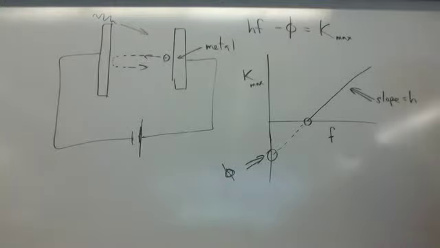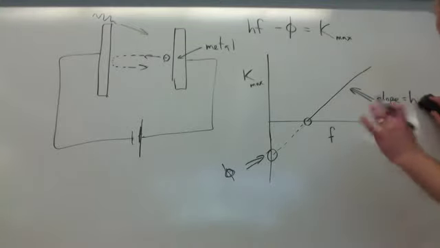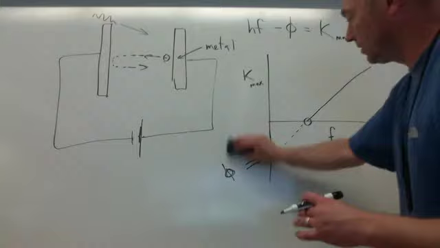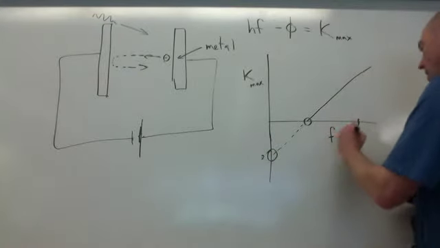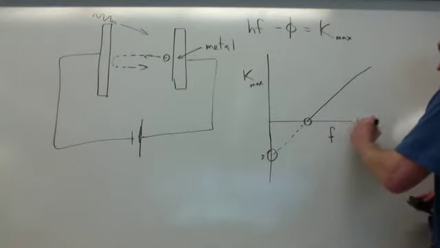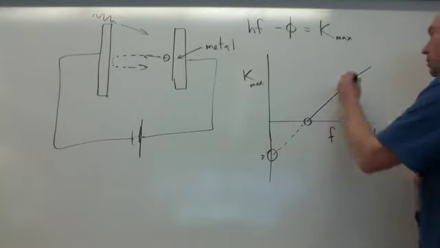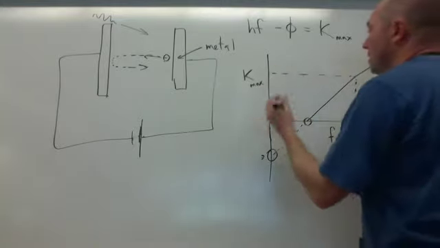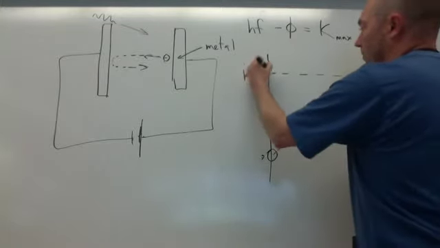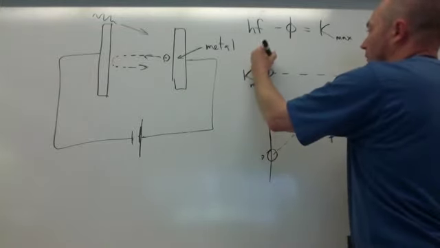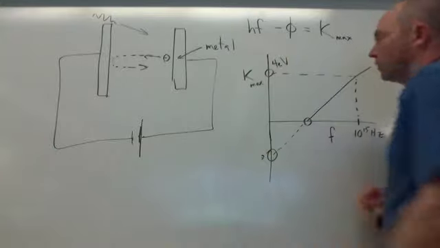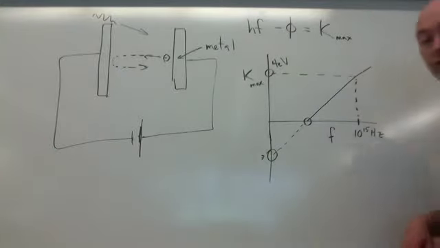I'm not really sure there's that much else to talk about, but one more thing would be this. Let's say I had 10 to the 15th hertz right here, and we will say that this value is, I'm going to make up something, 4 electron volts.